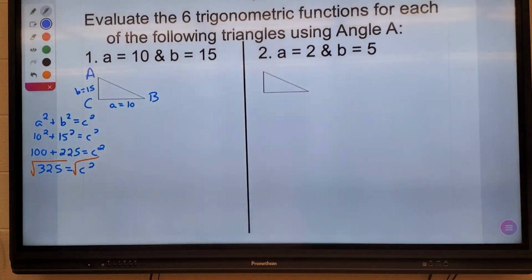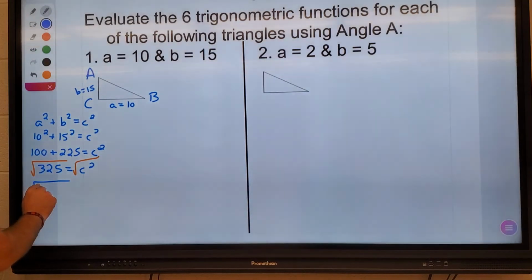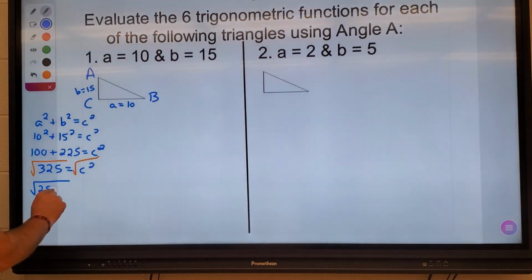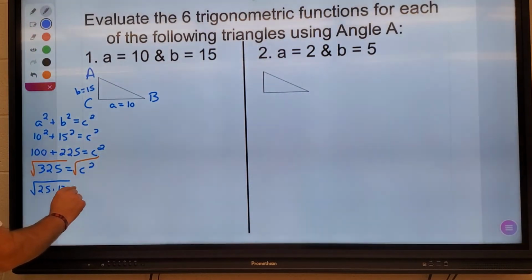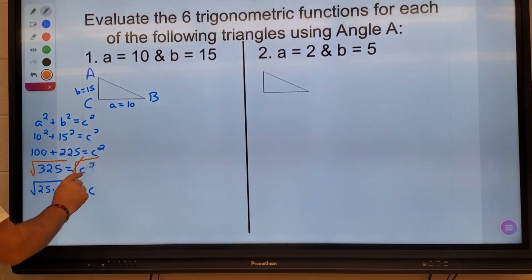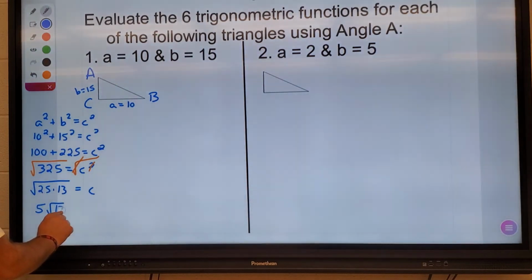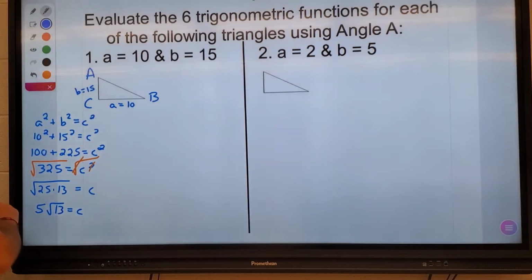Okay, and again, for the time purpose of this video, we're going to just go ahead and break it down. 325 is 25 times 13 equals c, because again, the c squared and the square root will cancel each other. The square root of 25 is 5, so we have 5 square root of 13 is my value of c.